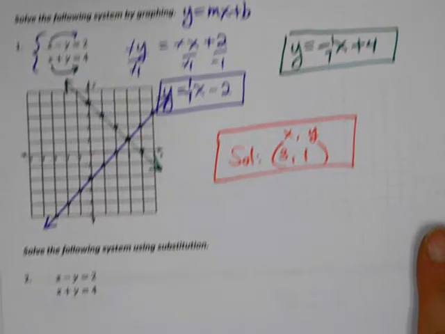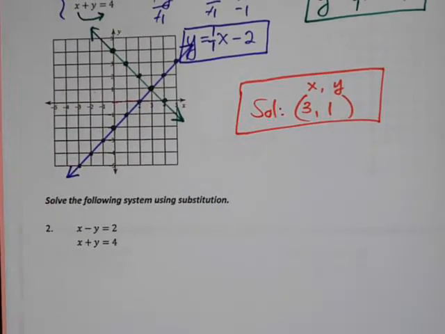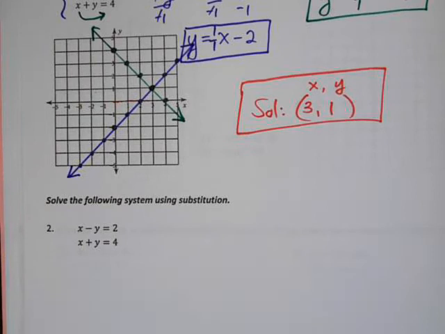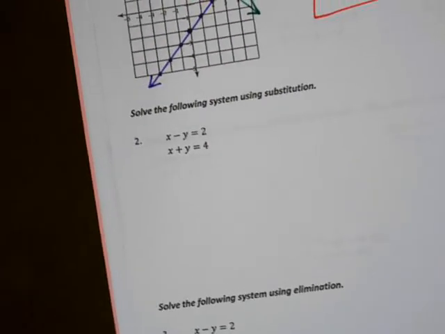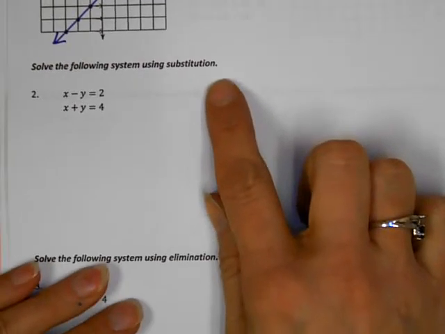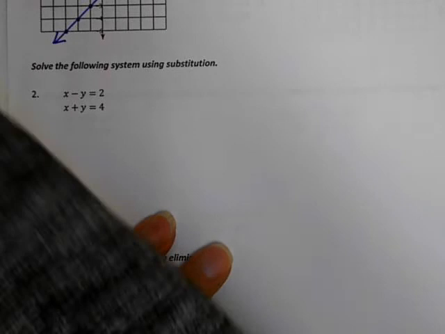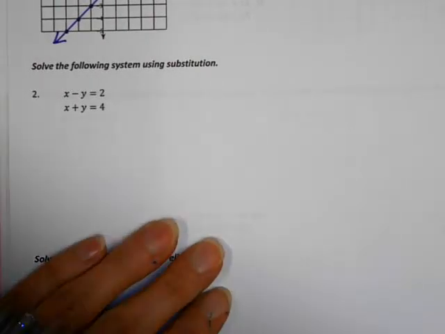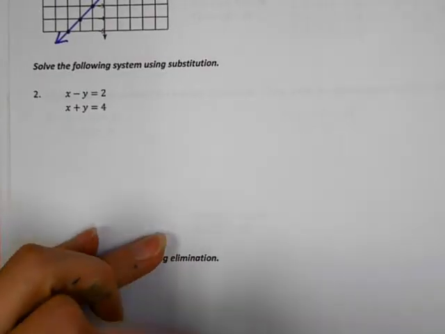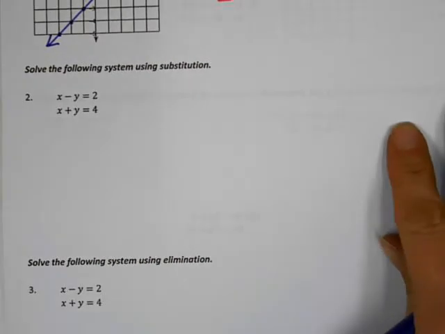Okay, if the quiz says which method they want to see, then you definitely have to show that method. Okay, number 2 here says that it wants to see the substitution method. So we're going to have to go ahead and do the substitution method, and we have to isolate one of the variables. Let's see.